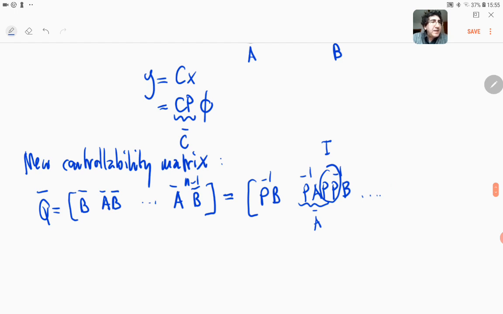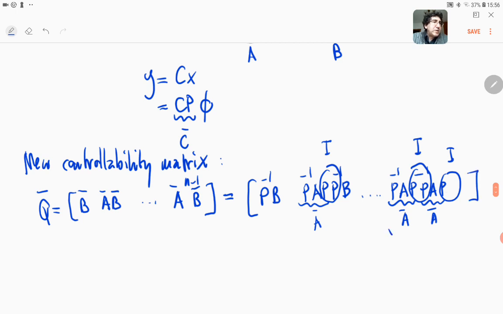So in every one of them there will be a lot of identity matrices, and you can see that the A's remain here.